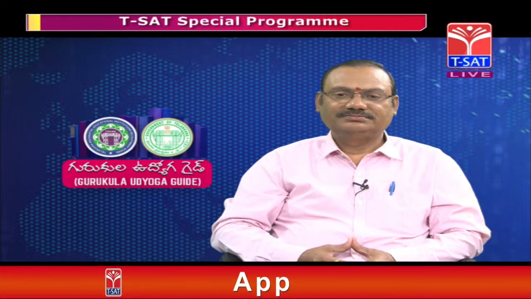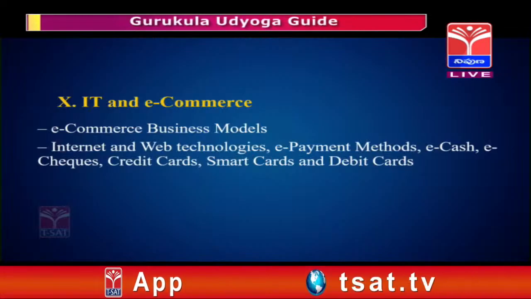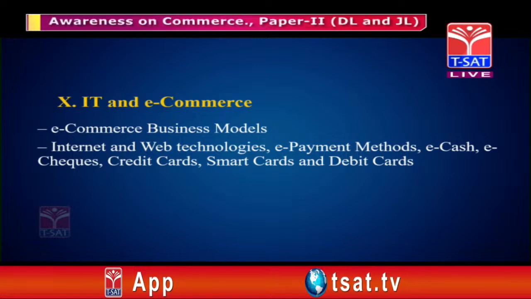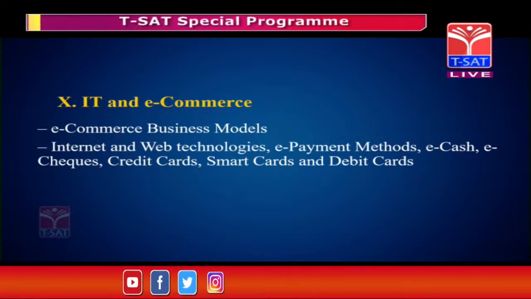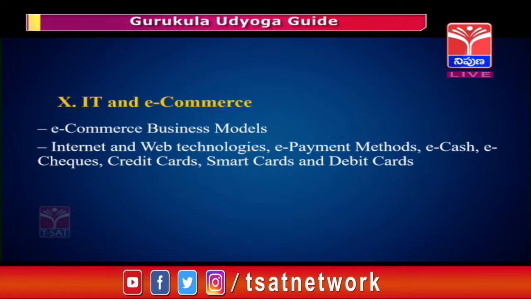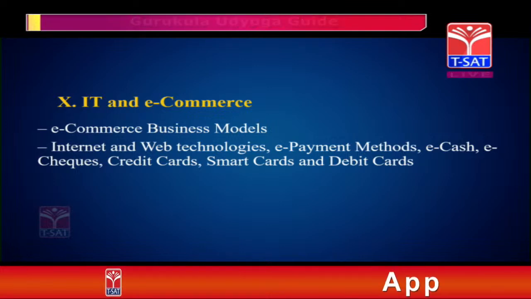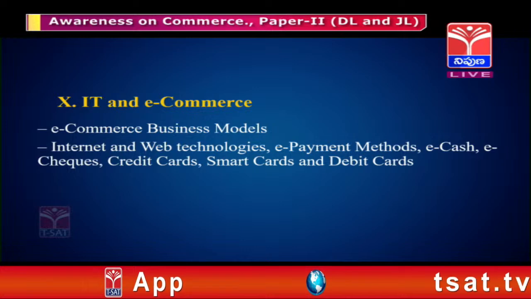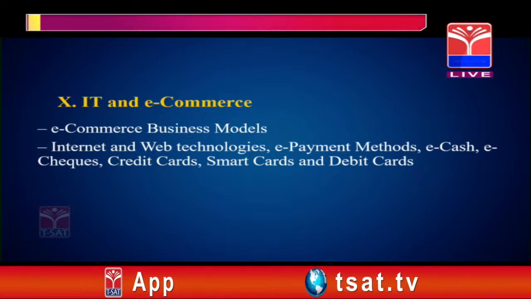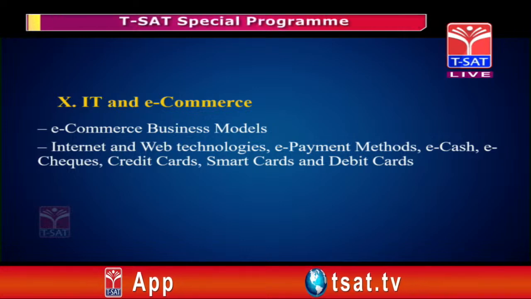Now, finally we have the last unit, which is called IT and e-commerce. Now, the e-commerce business is growing like anything, and most of this generation wants to buy goods online, and they are reading the description of each and every product being offered, and not only that, the payments are online, e-payment methods and e-cash methods are there now.